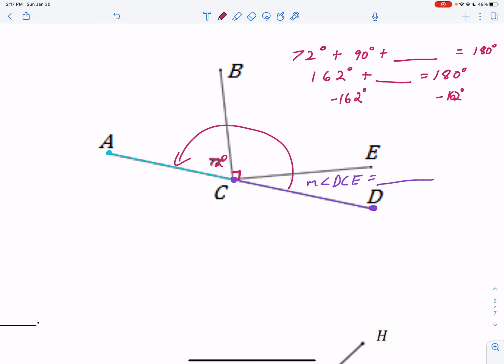If I'm only messing with angle measurements, then technically the units would cancel. So I don't need to draw my degree symbols over and over again. So we really have blank equals 180 degrees minus 162, which is 18 degrees. That's what that would be.